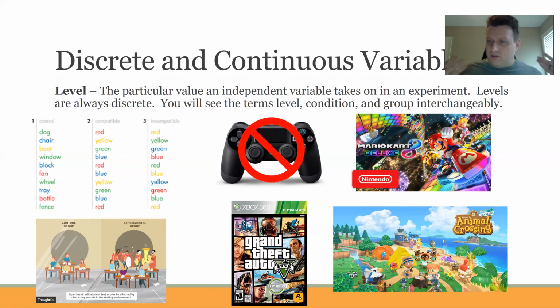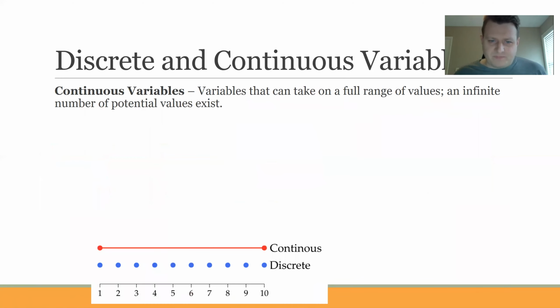Okay, discrete variables can only take on a limited number of values. Our independent variable can have different levels to it. Levels are the number of different conditions there are. All right, we can contrast discrete variables with continuous variables.